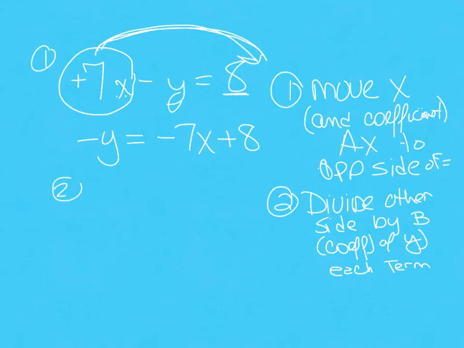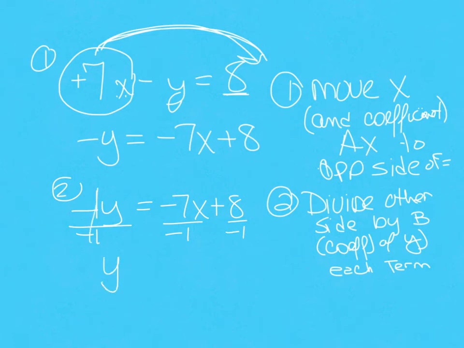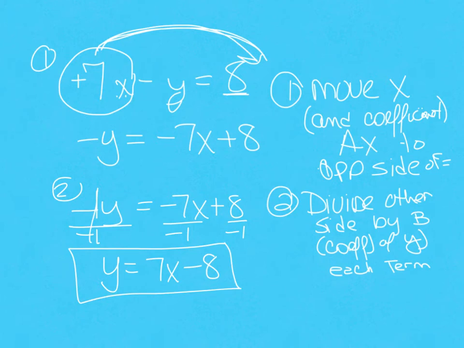Step 2, you got negative y equals negative 7x plus 8. And this is like a negative 1y, right? So we're going to divide each term by negative 1. So this cancels out to positive 1y. And negative 7 over negative 1 is positive 7x. And 8 divided by negative 1 is negative 8. So now we have slope-intercept form.